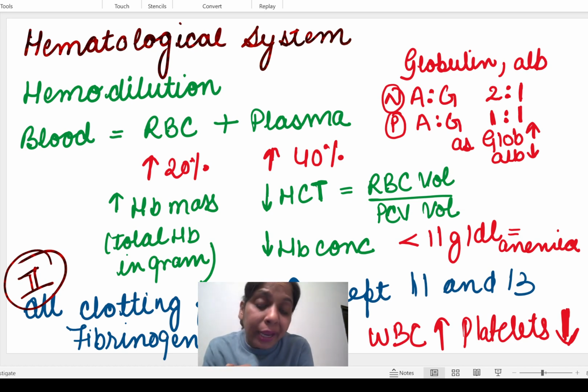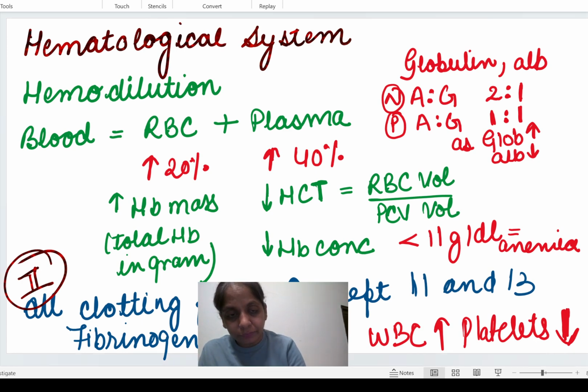As you know, RBCs have increased only 20%, so in short, there is a decrease in the hematocrit. Due to all these things, there is also an increase in the reticulocyte count.